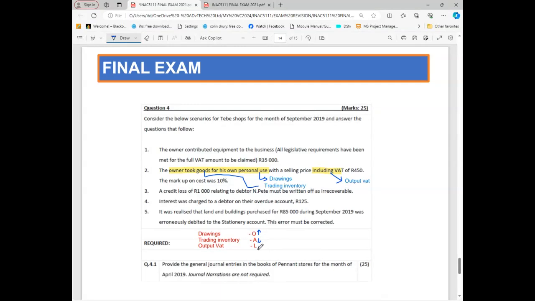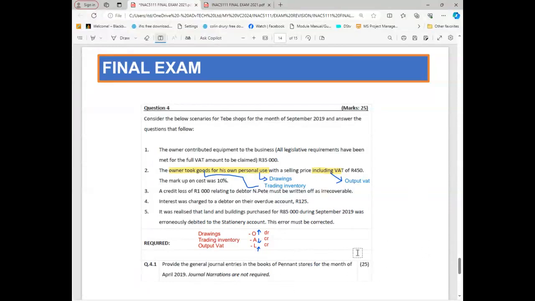The liabilities will be increasing because of the output VAT. So now what about the sides? Drawings increase on the debit side. Assets decrease on the credit side. Output VAT increases on the credit side. These are all about the rules. You must go and learn the rules. This is very much important. After doing this, we are ready for action.